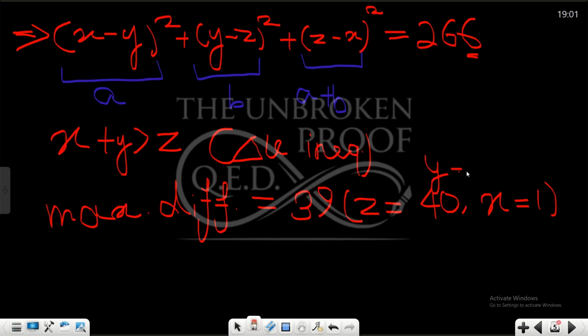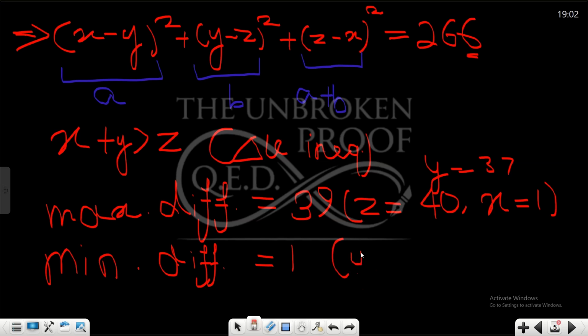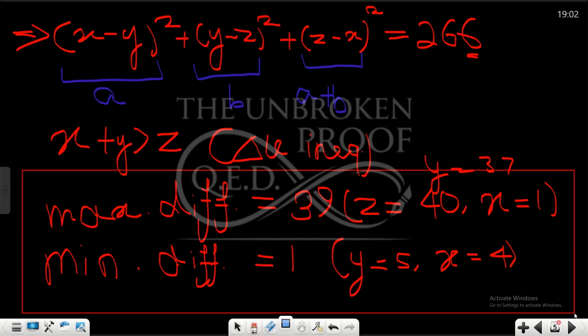Maybe you can take y as something like 37. Here you will get a maximum difference of 39, and the minimum difference can be 1, because beyond this it is not possible. When you take y as 5 and x as 4, this is just an example. So one thing is clear: the maximum difference can be 39 and the minimum difference can be 1.